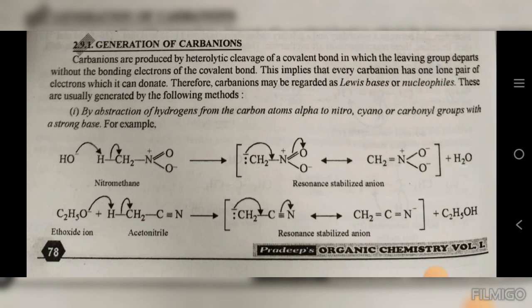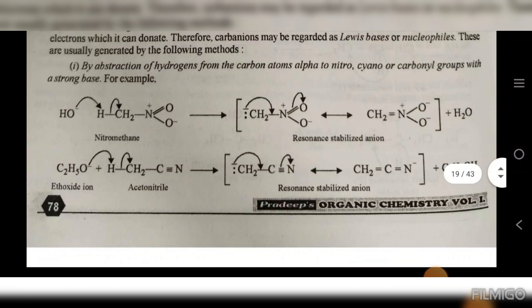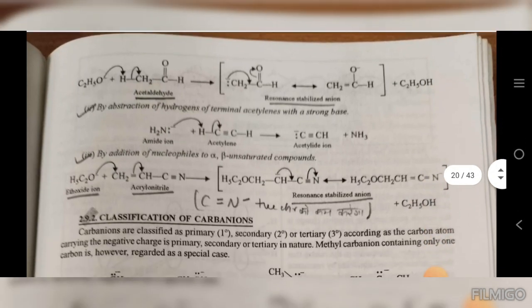These are usually generated by the following methods. By abstraction of hydrogens from the carbon atoms alpha to nitro, cyano or carbonyl groups with a strong base, for example nitromethane giving a resonance stabilized anion with ethoxide ion, acetonitrile giving a resonance stabilized anion, and acetaldehyde giving a resonance stabilized anion.